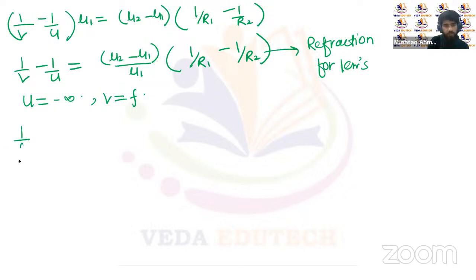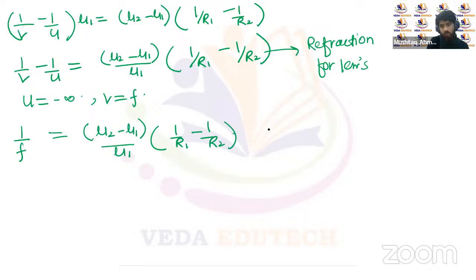So 1 upon f will be equal to mu2 minus mu1 upon mu1 multiplied by 1 upon r1 minus 1 upon r2. This equation we call the lens maker's formula.